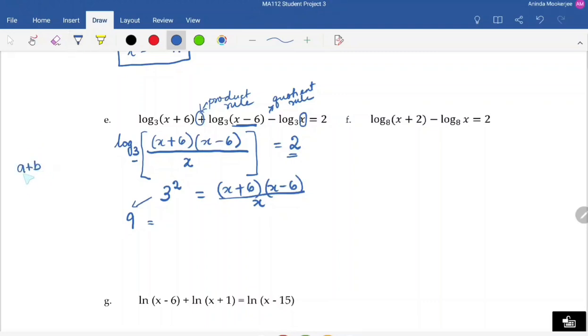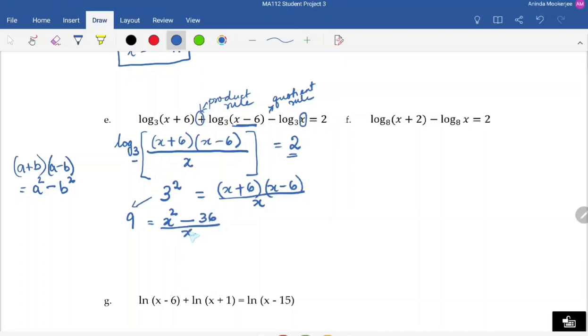It's a plus b times a minus b. If you multiply this out, you will end up with a squared minus b squared. So we have x plus 6 and x minus 6. So we can just square the two terms and put a minus sign in between them. So it's going to be x squared minus 6 squared, which is 36, divided by x.